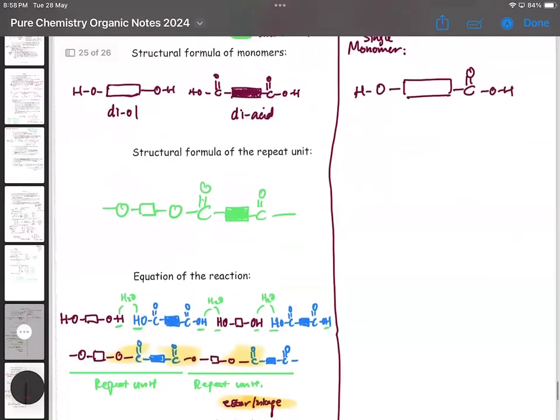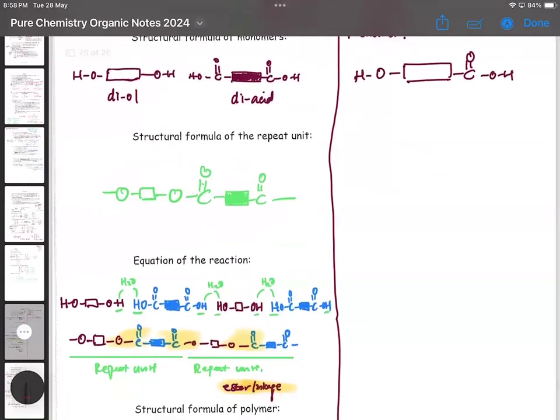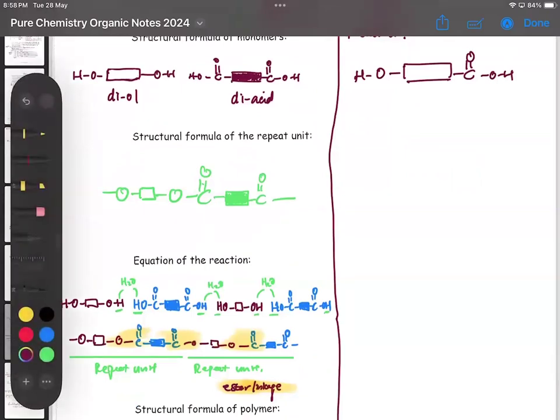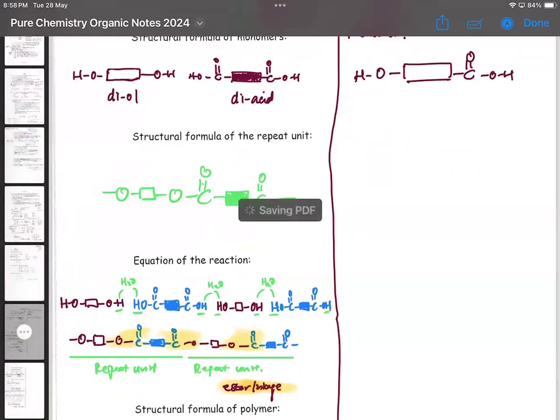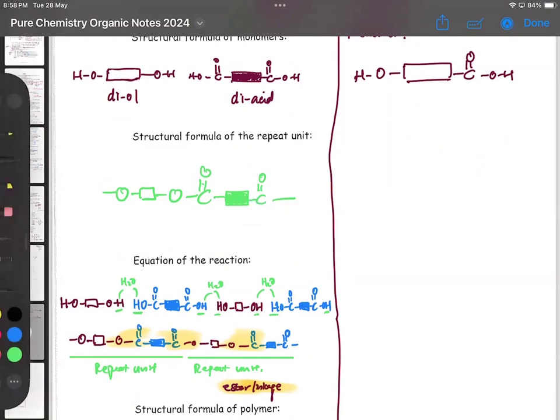How would the equation look like then? Okay, let me also draw the same thing. I will draw 4 again. So if you only want to work with one monomer, then that single monomer must have the two different groups there, the OH group and the acid group.